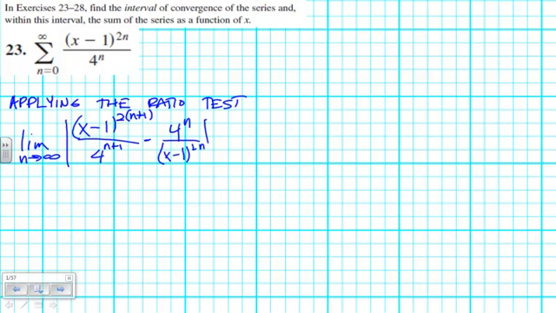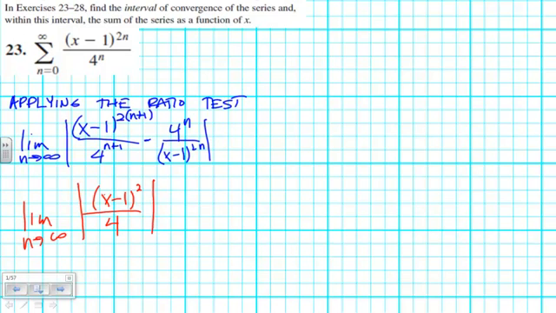All right. So there we have that. Is there any canceling? When I look at the 4 to the n and the 4 to the n plus 1, it looks like I have a 4 in the bottom. When I look at (x minus 1) to the 2n plus 1 and the 2n, it looks like it's going to be an (x minus 1) quantity squared up on top.